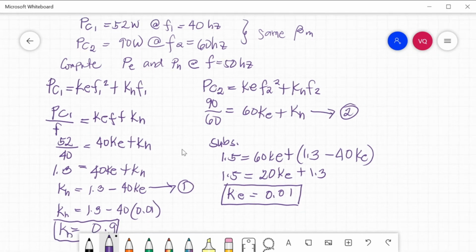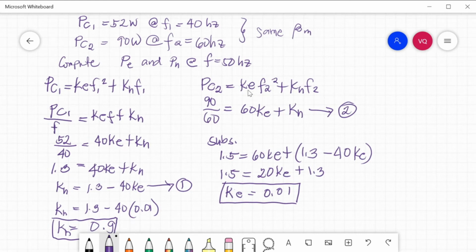In our second condition, PC2 is equal to KE F2 squared plus KH F2. PC2 is 90 watts divided by our frequency. If we simplify this equation, we get the same form as before; the only difference is that we use PC2 and F2.